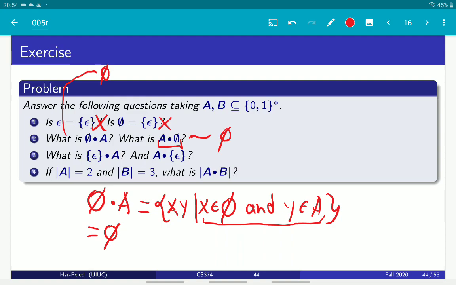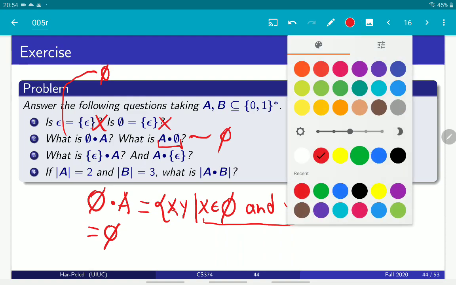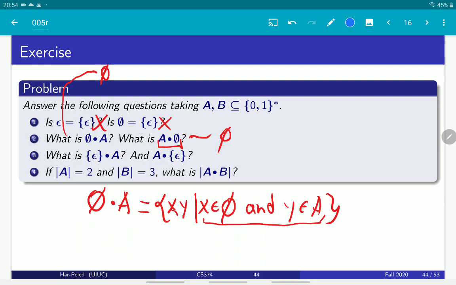Okay, here's a more fun question. So this is equal to the empty set, we said. What about the set containing epsilon concatenated with A? So we take all the strings in A and we concatenate the string epsilon to them. So this is going to just be A. Again, you can do it more explicitly.